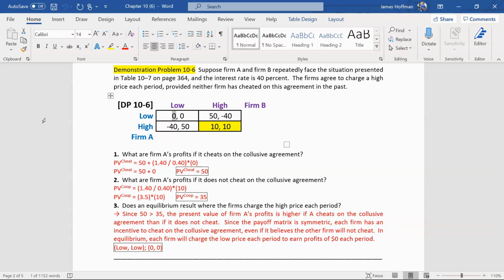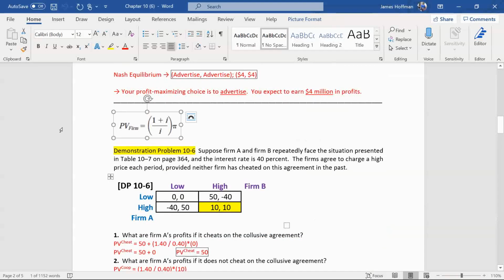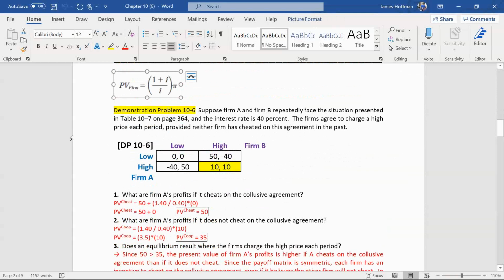So you can't use this exact formula for cheating because the payout changes. That formula can only be used if the payout's the same every time. In this case, it isn't. It's easy to see this because the other outcome is 0.